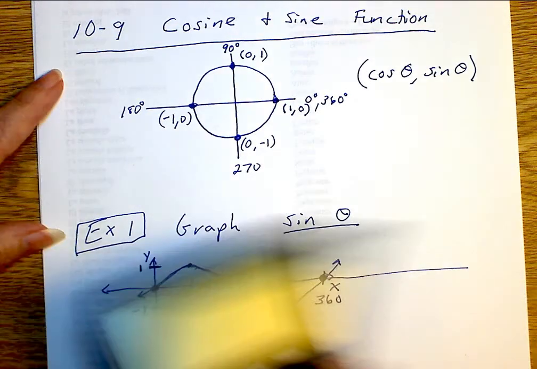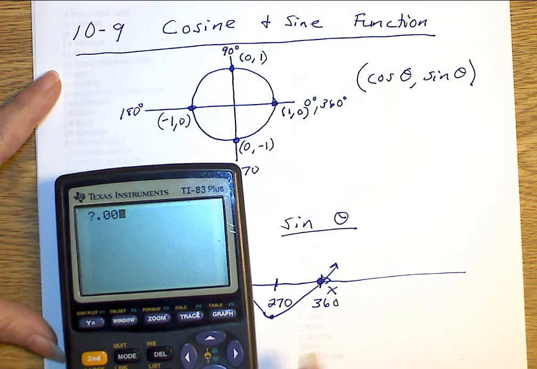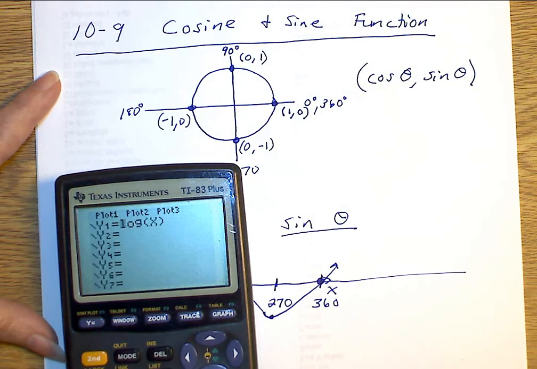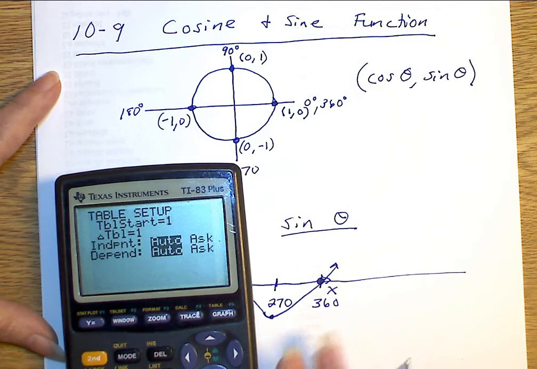If you ever need to see what your sine looks like, remember you can go to your y equals and go sine of x. And then we have to go to our window.